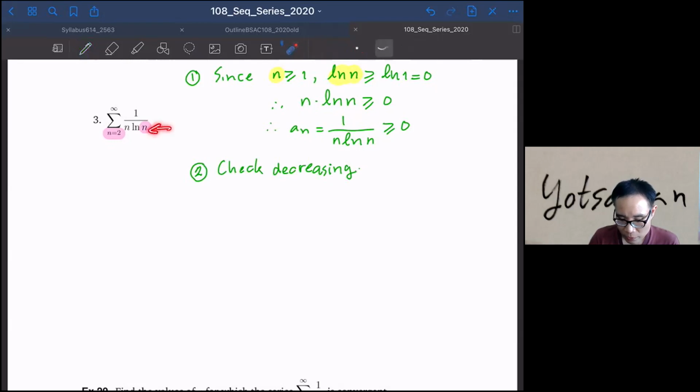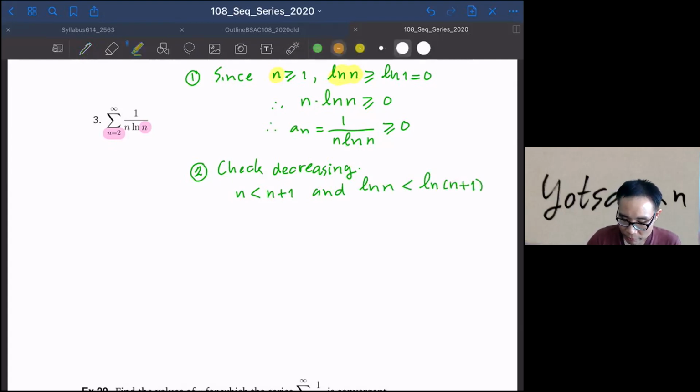Because you have n only on the bottom. If you have n only on the top or n only on the bottom, you don't need to differentiate. It's going to follow quite simply. You have n less than n plus 1, and you have log n less than log of n plus 1.